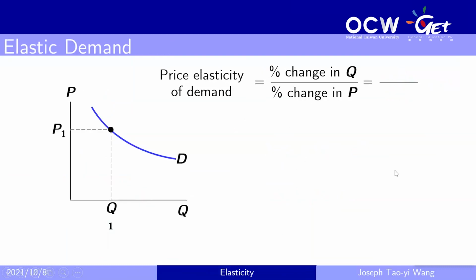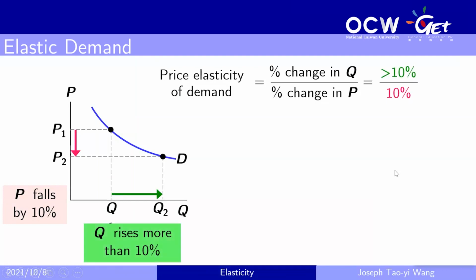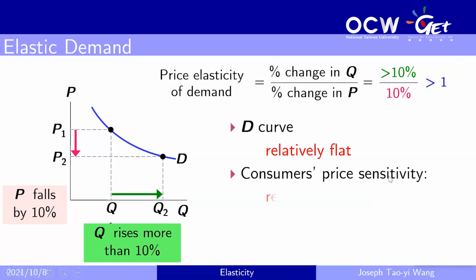And as the demand curve becomes flatter and flatter, you would have elastic demand, where a 10% drop in prices would result in an increase in quantity demanded by more than 10%. So you have a price elasticity of demand that's greater than 1, and so you are very sensitive to prices, a flat demand curve.